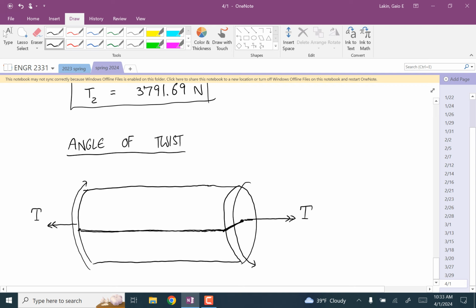Yeah, you could think of a seam. But all we care about is that we're tracking what those points do once we apply the torques. Okay? And what those points are going to do is they're going to develop an angle like that. Okay?